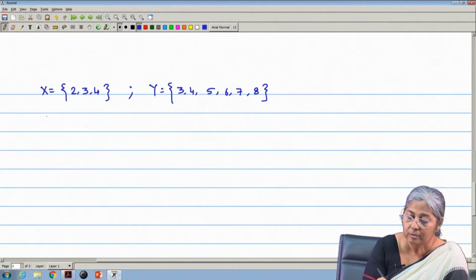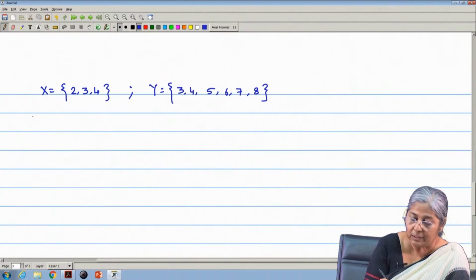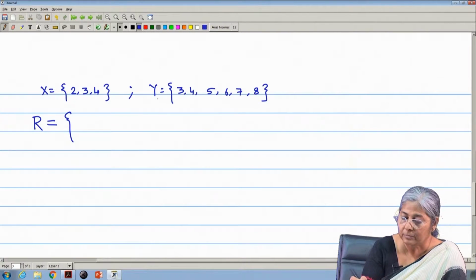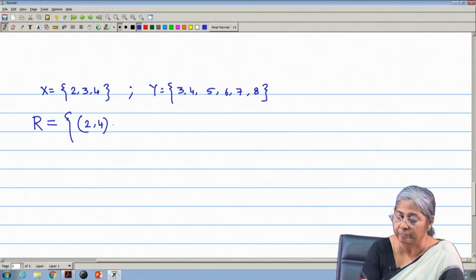What will be the relation R, a subset of the Cartesian product? 2 does not divide 3, but 2 divides 4, so 2, 4 is one pair. Then 2, 6, then 2, 8.